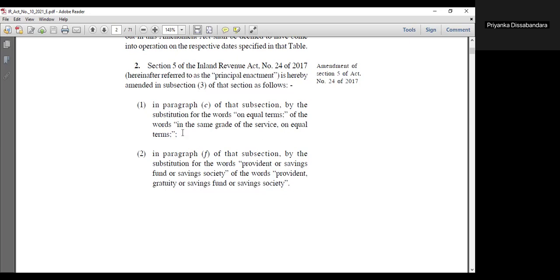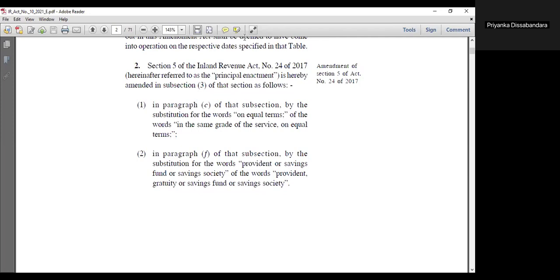From 21-22 year of assessment, we consider these terms instead of these three terms. On equal terms කියන එක වෙනුවට මේ වචන ටික තමයි පාවිච්චි කරන්නේ with effect from 21-22 year of assessment. පැහැදිලිද මං කියපු ටික? පැහැදිලිද? මම මේක අයින් කරන්න කලින් ප්‍රශ්නයක් තියෙනවා නම් අහන්න.